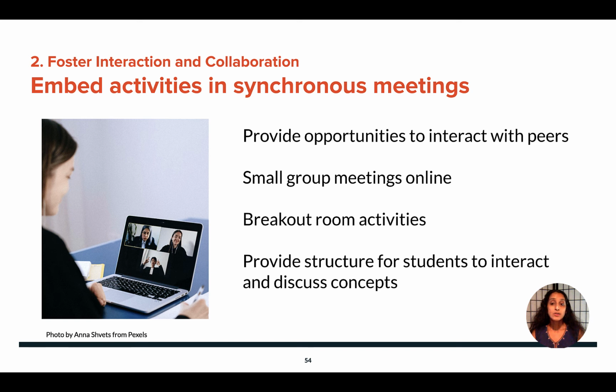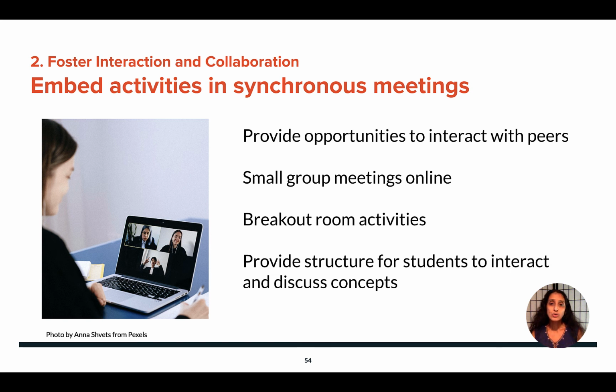You can embed opportunities to interact with peers by creating small groups online in your meetings and having meaningful activities for them to do. When you create the activities, make sure that you have prompts that the students can work on independently in their breakout groups, and make sure that you have clear directions for them to use.